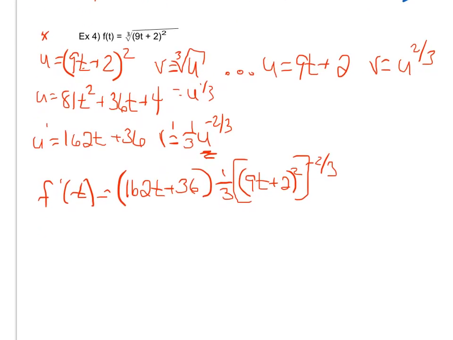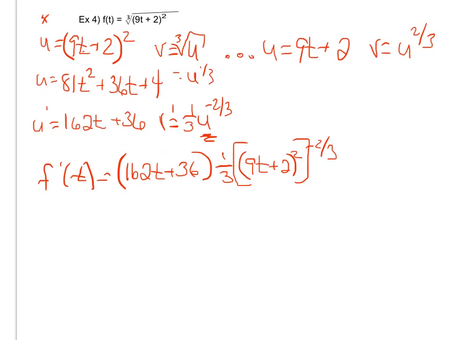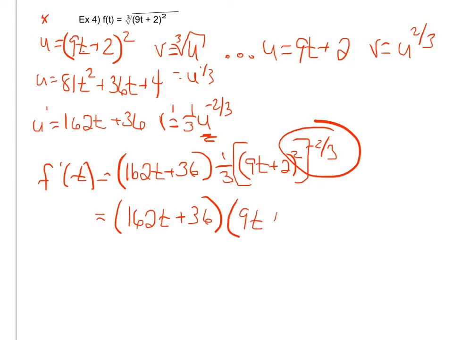I am going to use some algebra to clean this up a little bit. Mainly what I want to do is multiply my exponents to begin with. So I'm going to say 162t plus 36. This is all being multiplied, so I'm going to put the 3 on the bottom, because dividing by 3 is the same thing as multiplying by 1/3, times 9t plus 2 to the negative 4/3, because I multiply my 2's here.